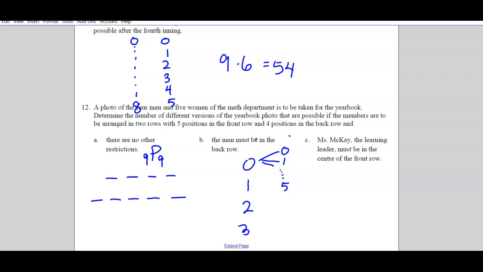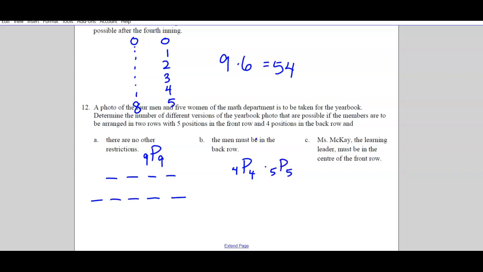Now, in the next one, 4 men must be in the back row. So, again, that doesn't have to be in the back row. It could be at the end of your line. But you do have to keep those 4 people together, those 4 men. So you have to arrange them, and then all the arrangements of the women.